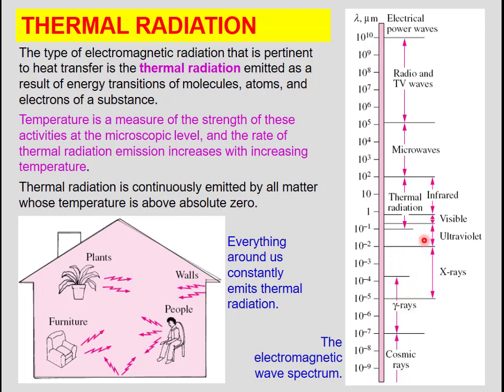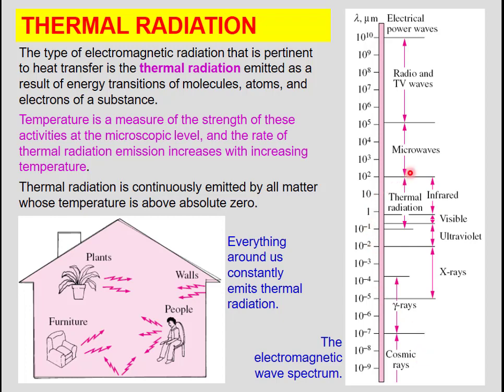You can see here visible, shorter wave ultraviolet, and shorter X-rays, gamma rays, and cosmic rays, very short wavelengths.